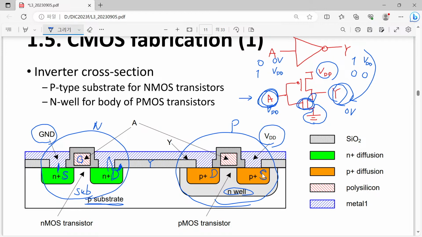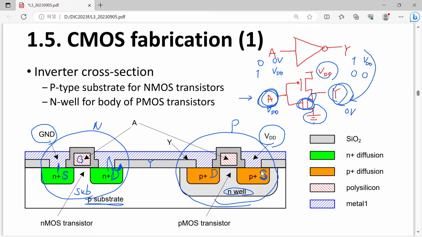Check whether our P MOSFET source is connected to the VDD. Okay, this is attached, and you can see that the source of our P MOSFET is attached to the VDD. And how about the drain? The drain is attached to the output signal Y, and you can find that this is the case.